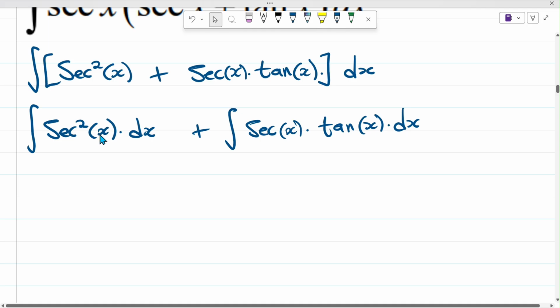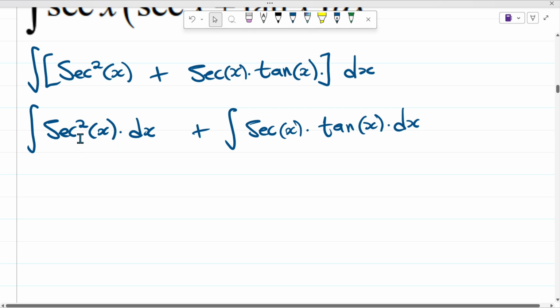The argument there is what? It's x. When we differentiate x, we get a 1, and that means we can just proceed with our integral techniques. So we can ask ourselves, what is it that was differentiated for us to get sec squared?